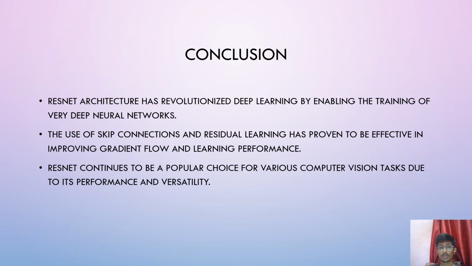These are the two main features, skip connection and residual learning, which you should remember. ResNet continues to be a popular choice for various computer vision tasks due to its performance and versatility. When it comes to image classification or object detection with an image, you should first prefer a ResNet, a residual neural network basically.